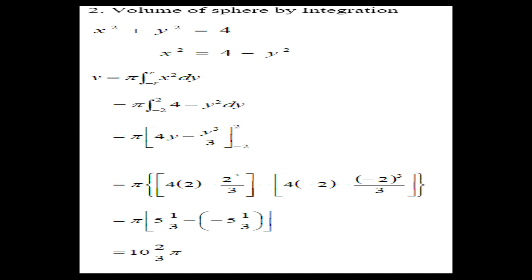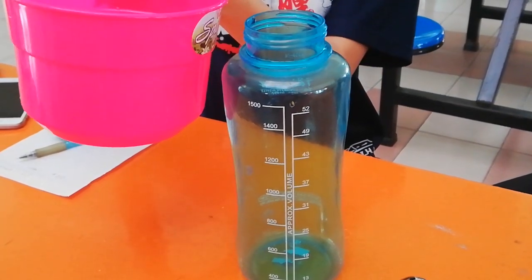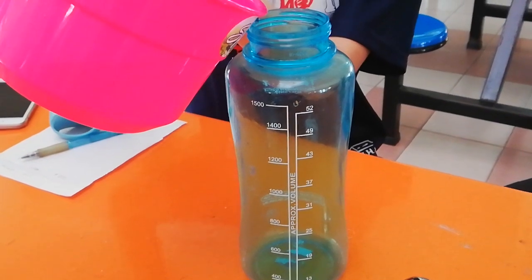The formula is V equals pi integral from negative r to r of x squared dy, and we use this formula to calculate the volume of the sphere, and we get the answer, which is 10 2/3 pi.